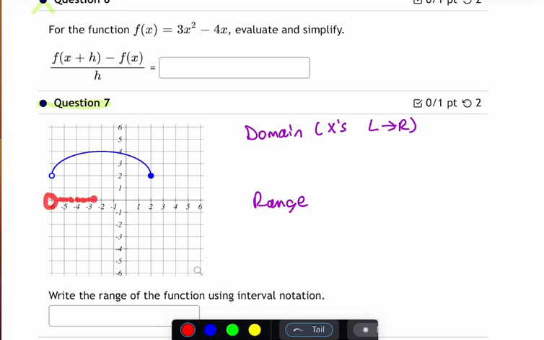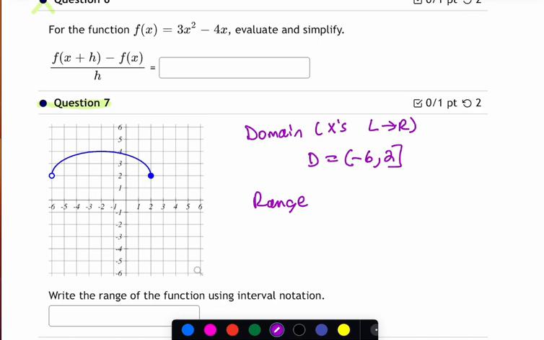I can use all of these, and then I can stand at 2. Now remember, we put a bracket on anything we're allowed to stand on, and we put an open circle parenthesis on anything we cannot. So our domain, I can almost get to -6, so I'll put that in a parenthesis, but I'm going to put 2 in a bracket. Now that's your domain, all the x's you use from left to right.